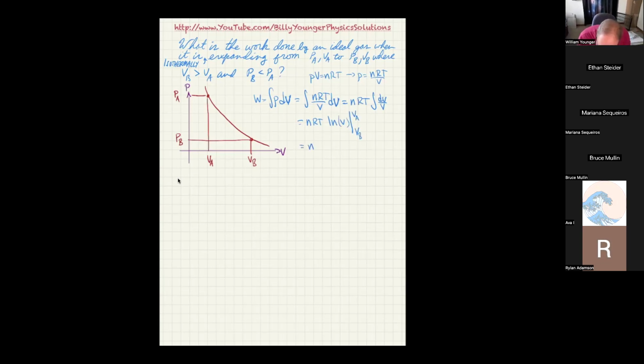So I get n times R times T times the natural log of VB over VA. And that's the actual formula for the work done. Any questions on that? And what it represents, by the way, is the area under this curve.